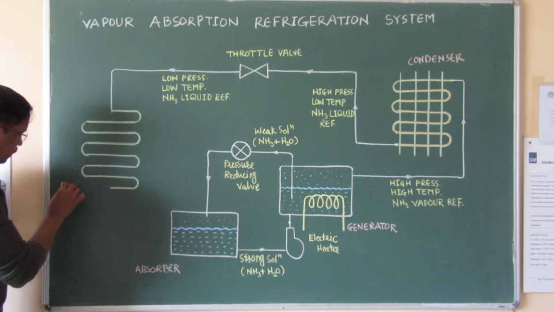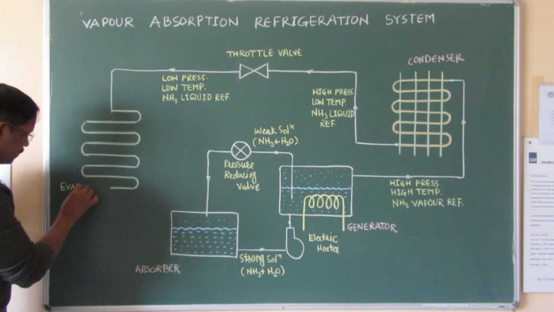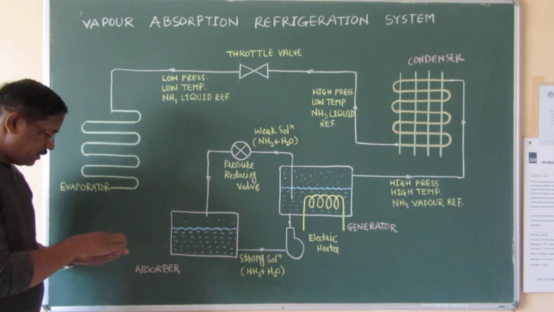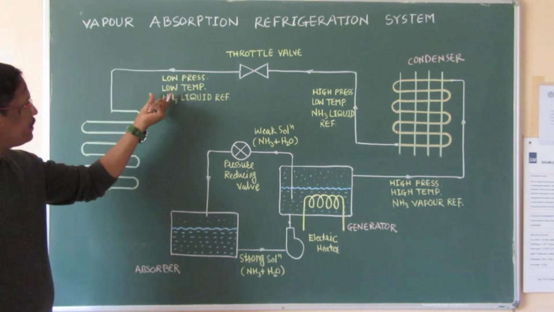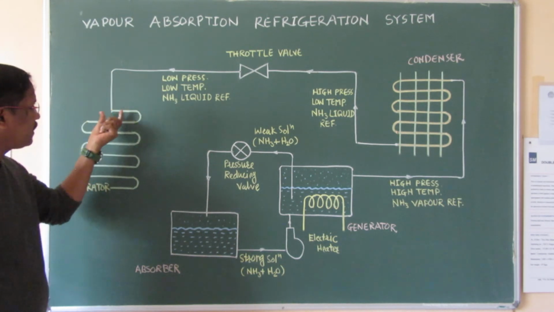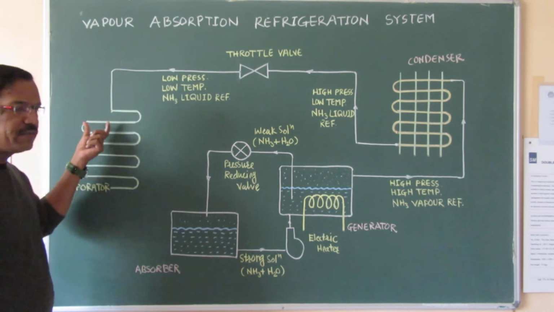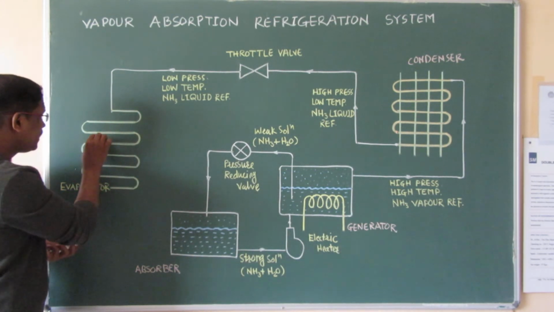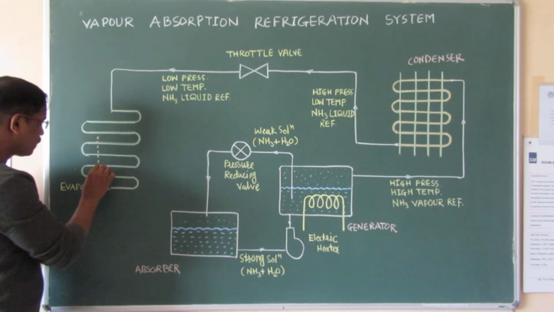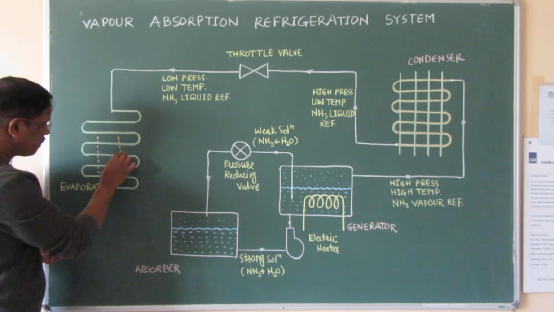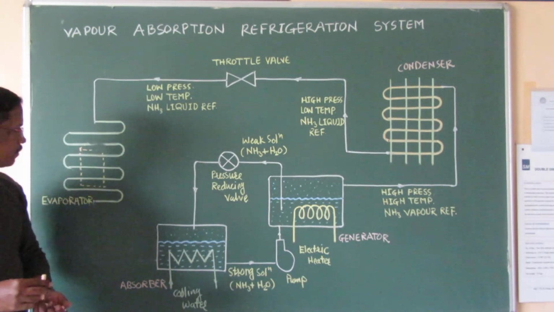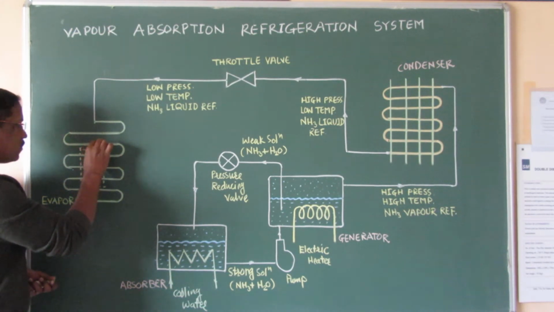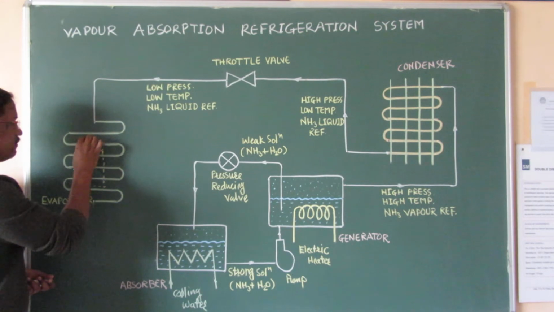Evaporator. Now, when this low pressure, low temperature liquid refrigerant passes through the evaporator unit, suppose this has a cold storage unit with some food content inside it. Okay, then suppose there is a water bottle kept in the evaporator unit.